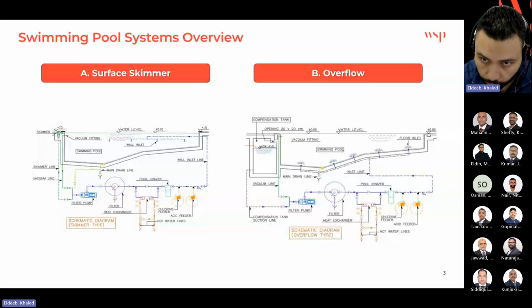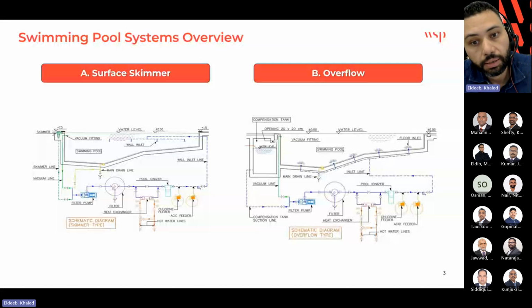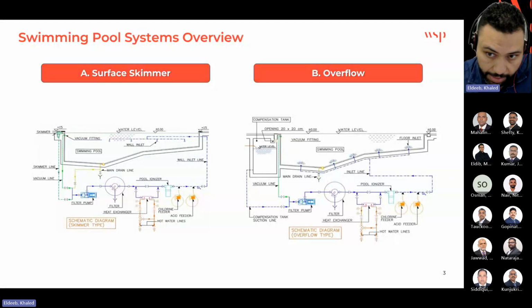We also learned how to size pumps, sand filters, backwash tanks, and all types of chemical dosing systems, including ozone and ultraviolet, and how to do the hydraulic calculation for the supply and return piping system. So now we are going to see the next type, type B of pools, which is called the overflow system.